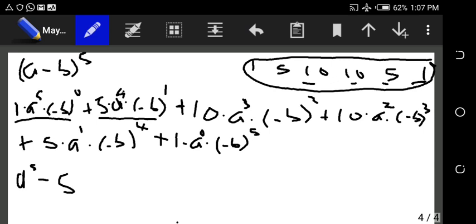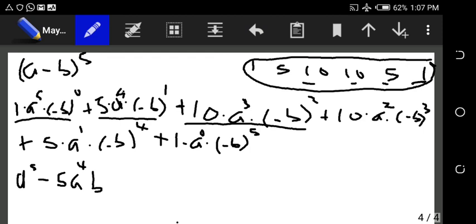You might want to take your time to understand how that works out. So what we're having is 5a raised to power 4b. Alright, okay, we'll consider the next one. Now minus b is squared, that is the power of 2, and minus times minus will still give us a plus.